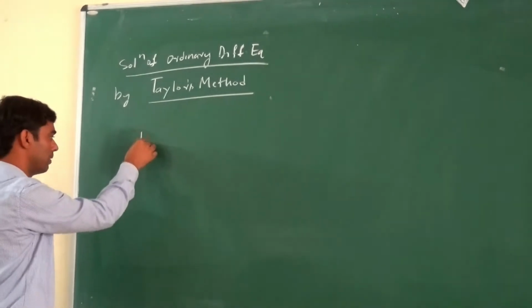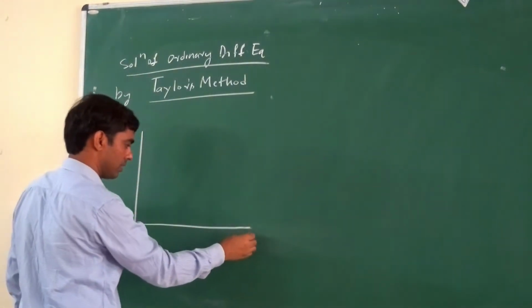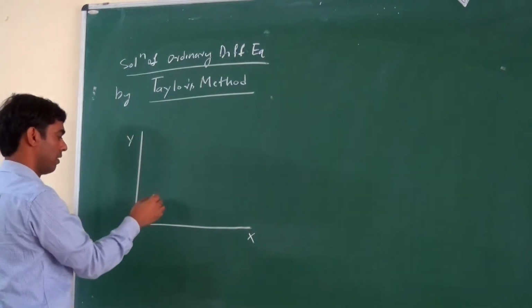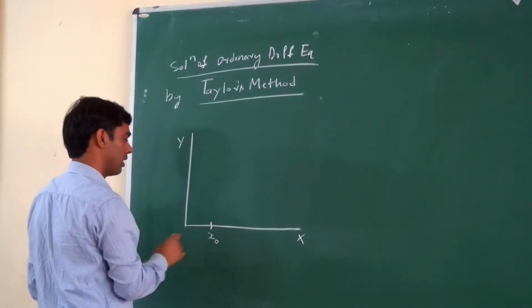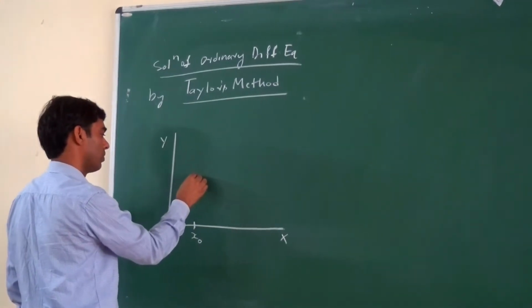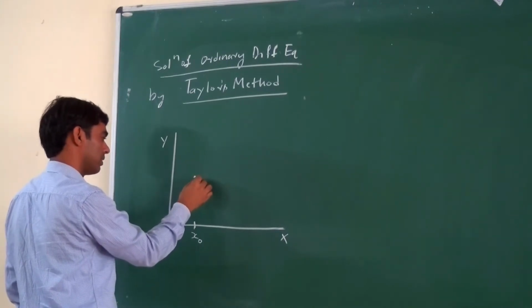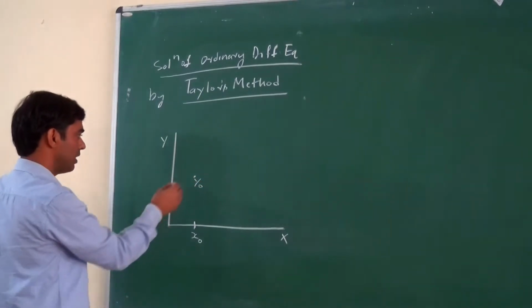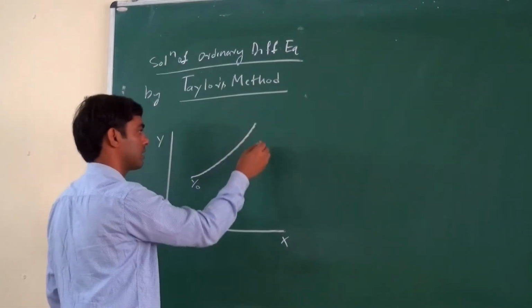So graphically, how do we show this? Suppose this is the x-axis and this is the y-axis, and this is the initial value x0, and at this value the value of the solution is y0. Suppose y = g(x) is the actual solution.